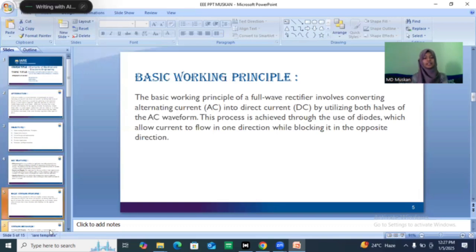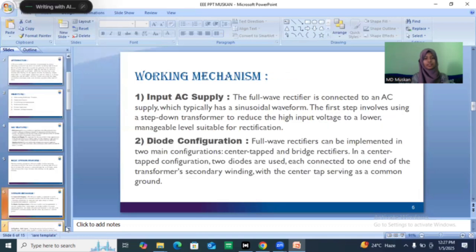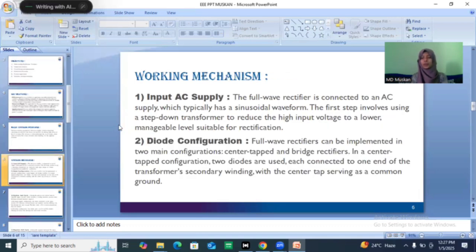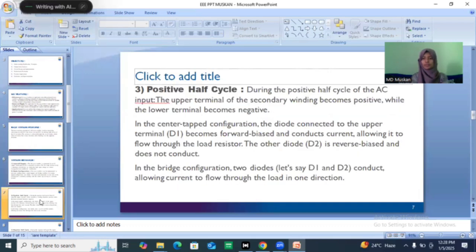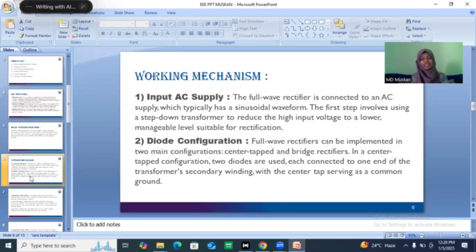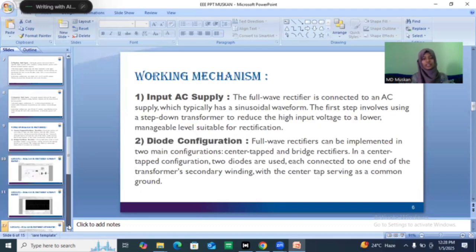Next, coming to the slide on the working mechanism. The working mechanism includes the input AC supply, diode configuration, positive half cycle, and then the negative half cycle. Let's elaborate each topic. What is the input AC supply? The full wave rectifier is connected to an AC supply, which typically has a sinusoidal waveform.